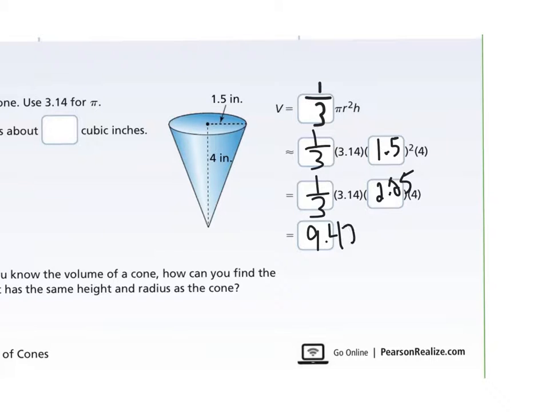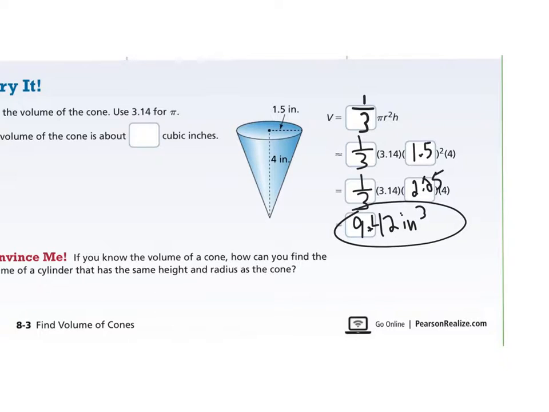Okay, so 9.42 cubic inches. And again, it's cubic units because it's like how many cubes can we fit inside of this thing. That's our volume. And again, we could write that over in this other box as well. That's our answer there for our volume.